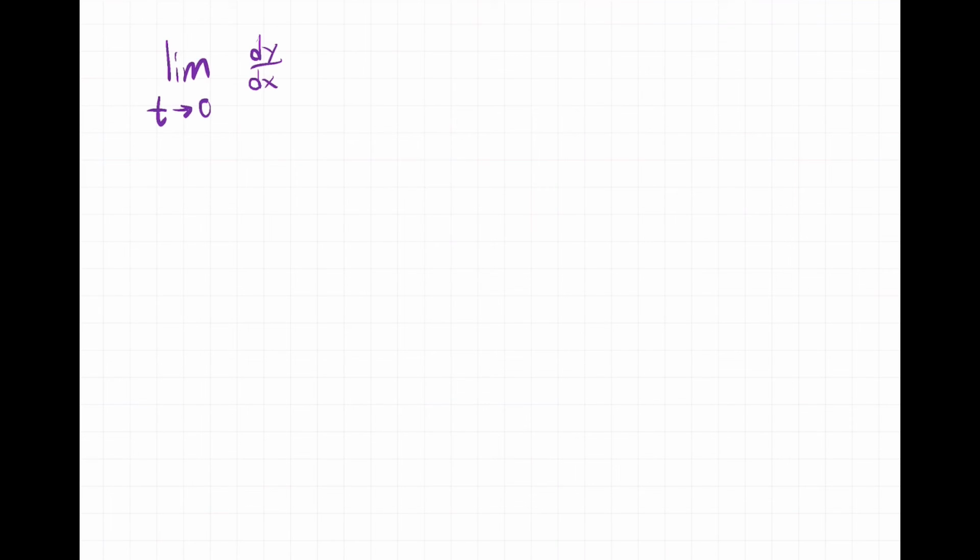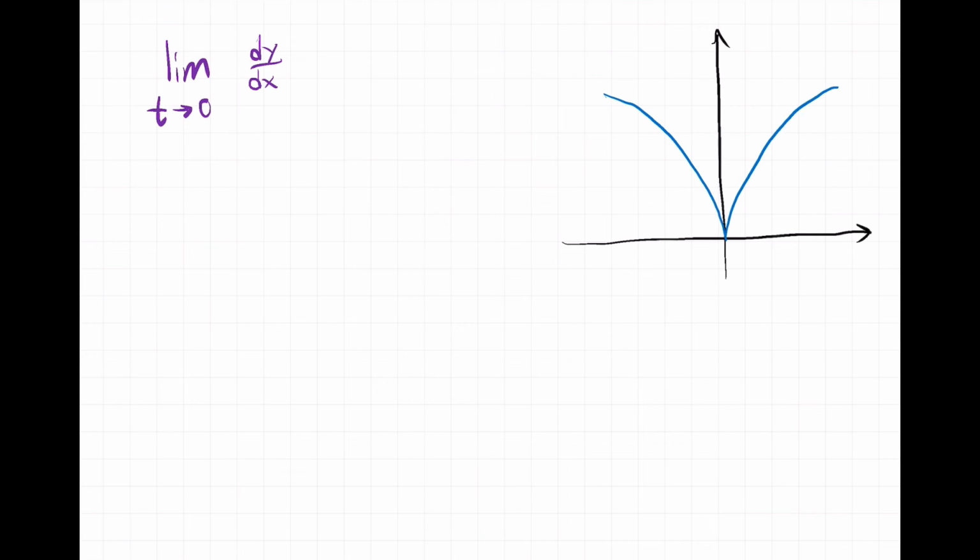In other words, I'll just draw a quick copy of this graph here. Now I know that I'm going to have a cusp at this point at the origin here and bounce off it. I can't actually draw a tangent line at this point that is the cusp here because there's no line that's tangent to that.